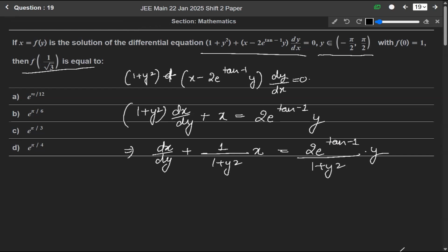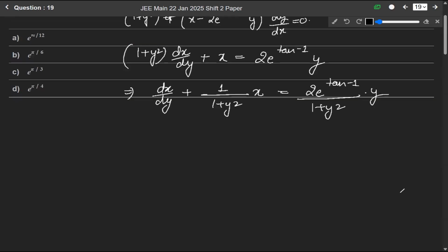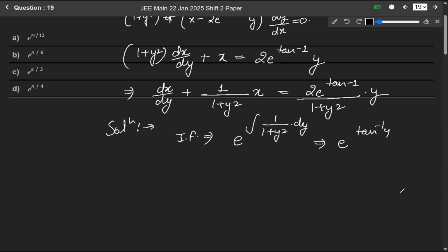Okay. So to find its solution, first of all, we have to find the integrating factor. So it will be equal to e to the power integration of 1 over (1 plus y square) dy, so it will be equal to e to the power tan inverse y.